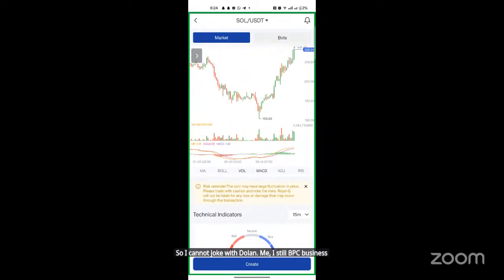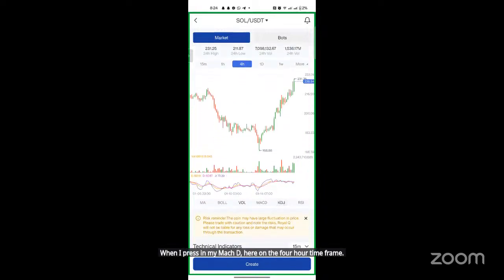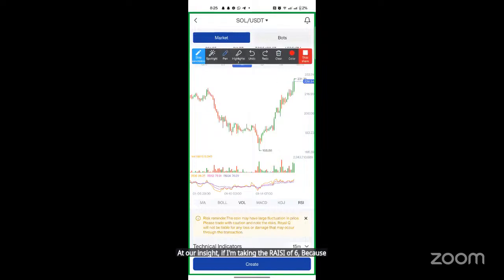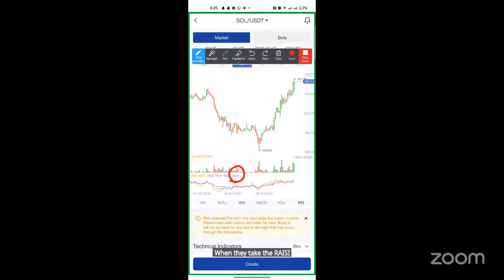Number two, when I press in my MACD here on the 4-hour time frame, or I press KDJ, or I press RSI. RSI, if I'm taking the RSI of 6, because this gets back to other insights. When I take the RSI of 6, it is at 70, sorry, 24 is at 70, 78, 86.